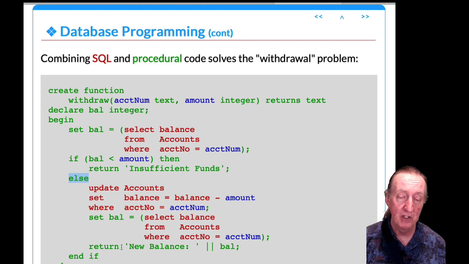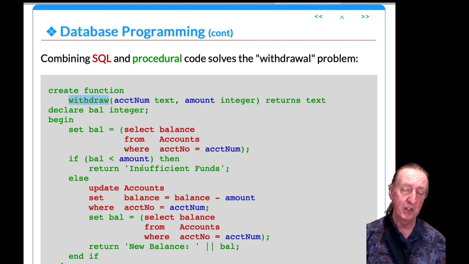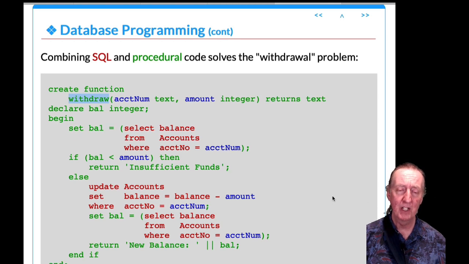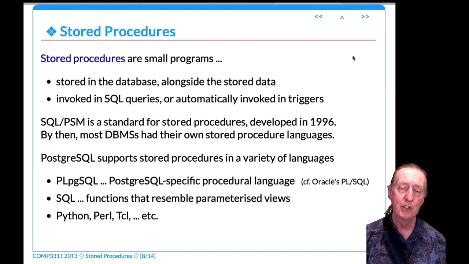And then we return text, which is new balance concatenated with the actual balance. So if we invoke this function, it would pretty much do what we wanted. We'd have to feed in two values. If we didn't have sufficient funds, it would print out the message. Otherwise, it would make changes to the account and display the result of those changes. This is actually code in a real stored procedure language called SQL PSM.